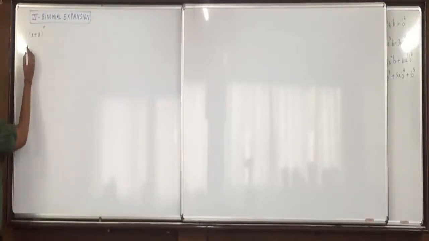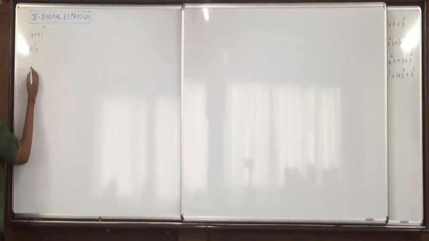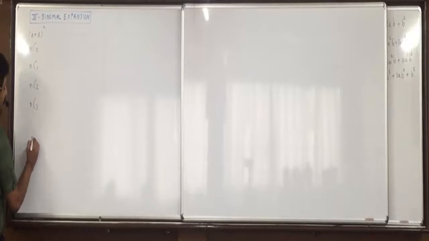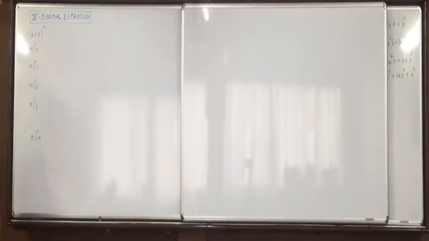Now, the coefficients, if you have the power as n, will start with nC0, nC1, nC2, nC3 up till nCn. Don't write it, just understand. As I said, we'll be doing it vertically for this reason. If your power is 3, then 3C0, 3C1, 3C2, 3C3.